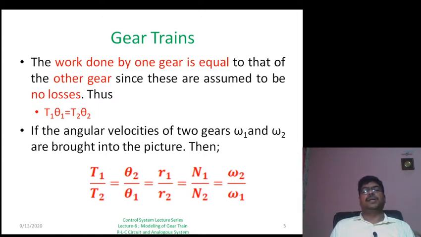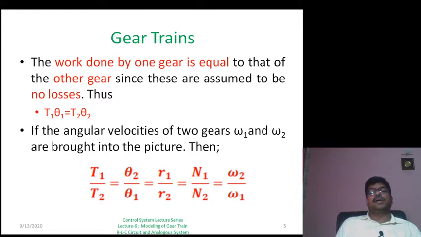So we can represent the relationship between the various parameters in terms of the number of teeth, angular velocity, angular displacement, and radii.